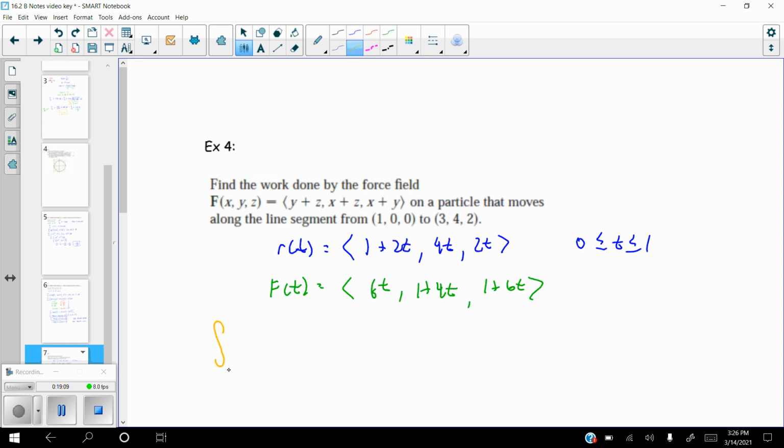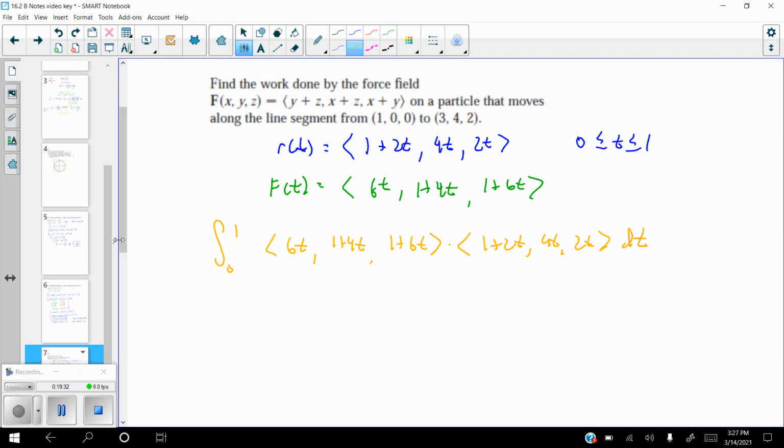So our integral will go from 0 to 1 of (6t, 1 plus 4t, 1 plus 6t) dotted with (1 plus 2t, 4t, 2t) dt.